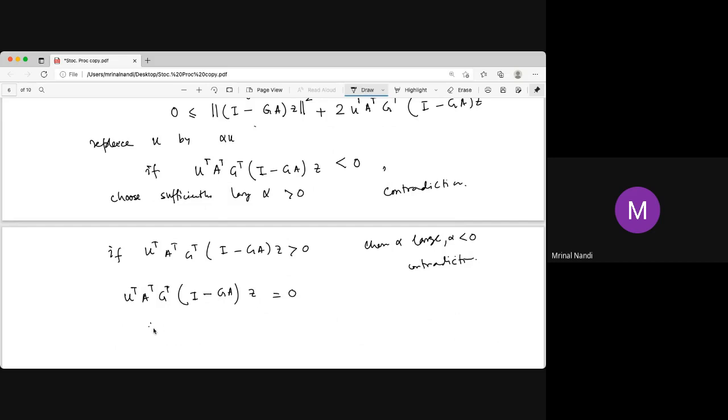So that means what happens? Okay, we conclude this, that U transpose A transpose G transpose (I minus GA) Z is 0. Then we have to show that GA transpose equal to GA. That we have to show. Now this is true for all U and all Z. That means since it is all U and all Z, we can conclude that A transpose G transpose (I minus GA) is equal to 0.